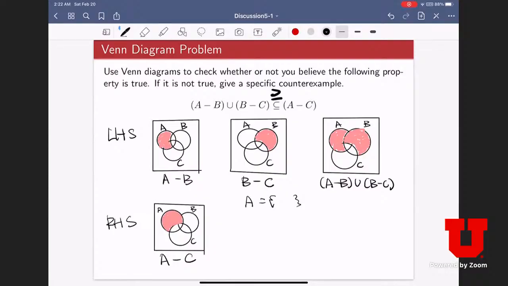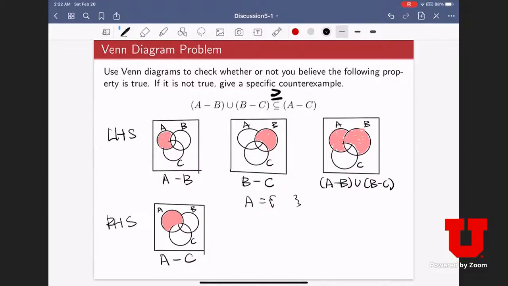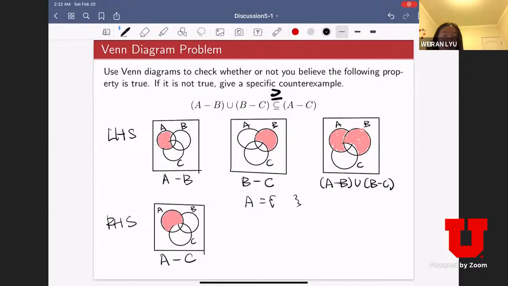Oh, I only drew pictures. Sorry. Okay, so for a concrete example, you want a specific set for A, B, and C, with elements in each. Like you can say that suppose my set A contains element 1, and then my set B contains element 2, and C contains element 3.